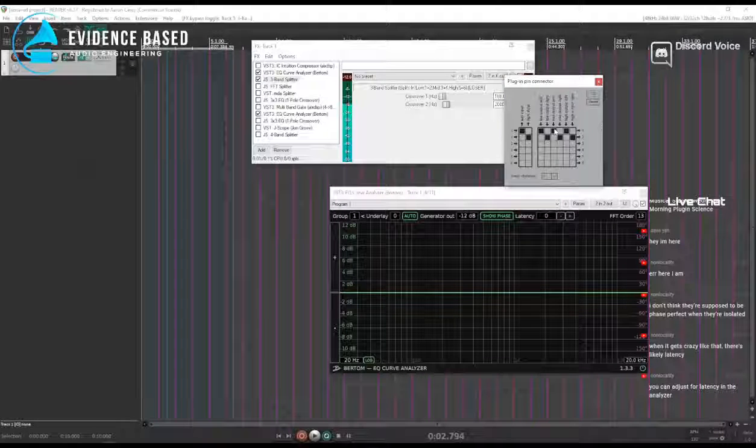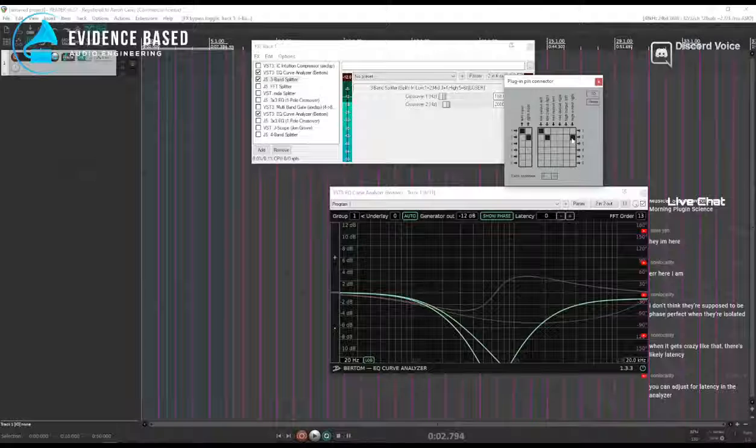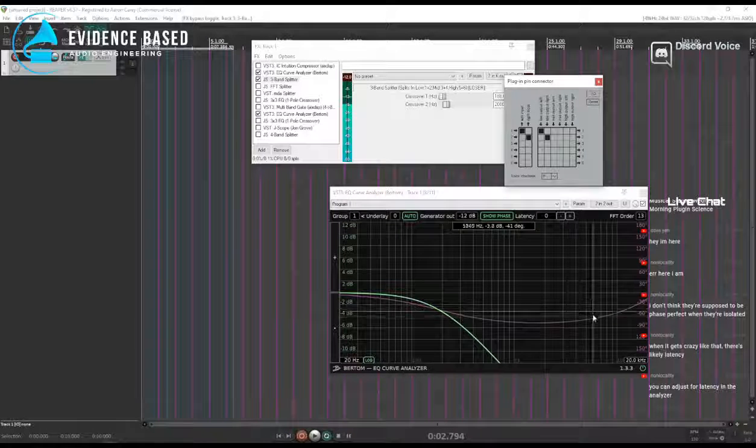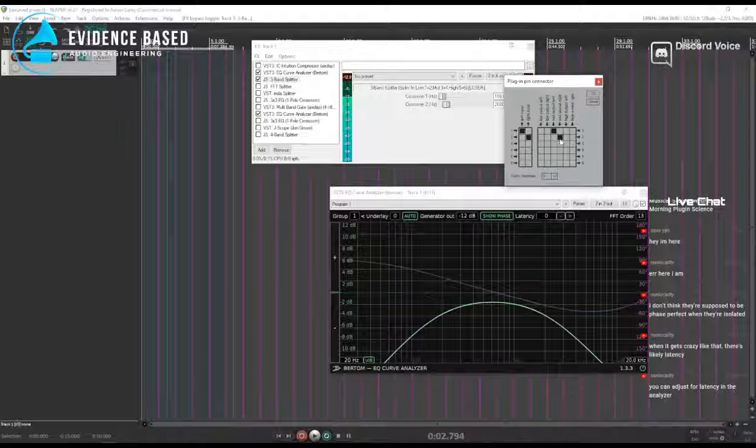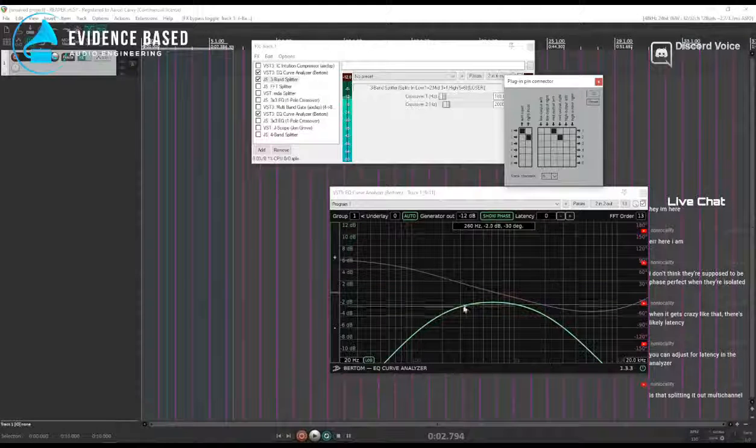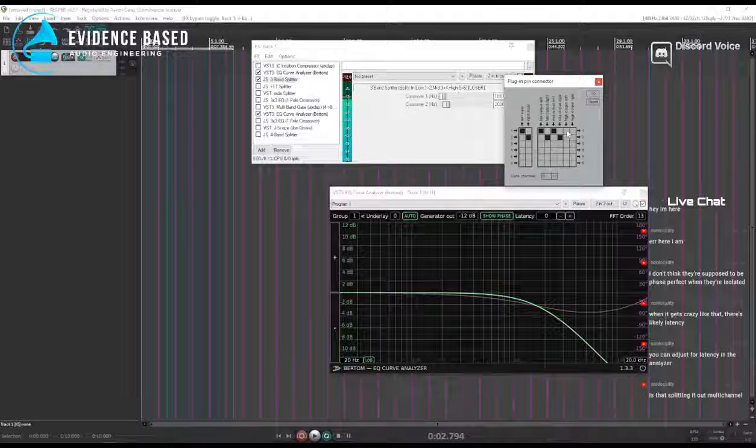If I get rid of those guys, that's about... That's not that steep, right? It's not terrible. But when they're all together, what is that?